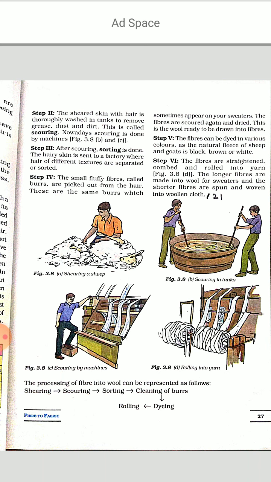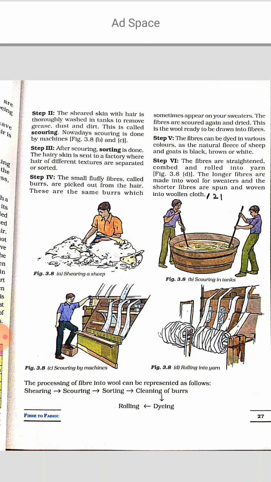These are the same burrs which sometimes appear on your sweater, ball-like things. The fibers are scoured again and again and dried. This is the wool ready to be drawn into fiber. So, shearing, scouring, sorting and then again scouring.